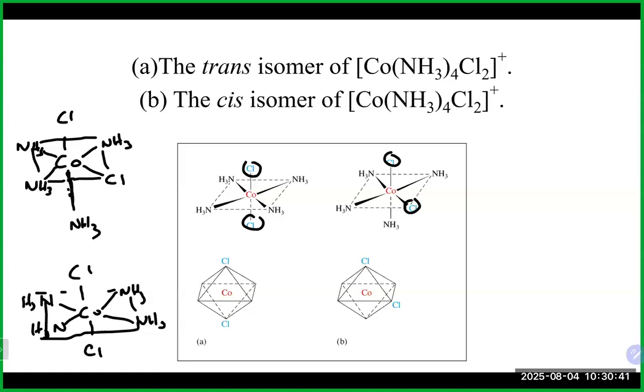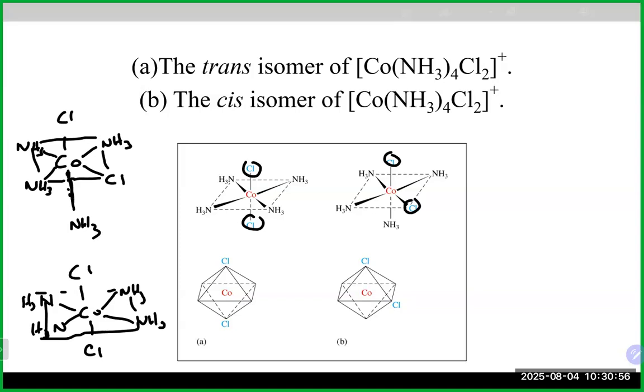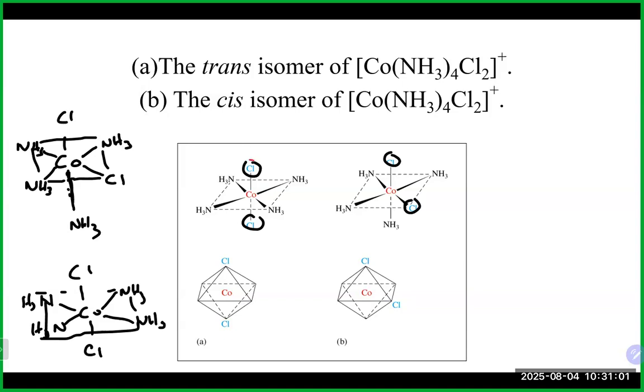Now, when you have a more octahedral arrangement like we have here, what we see here is trans and cis. So in A, this is the trans, which means if we look at the chlorides here, you could think of it as one being above and below the plane of the molecule, the central plane there.